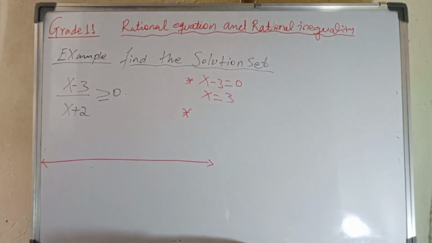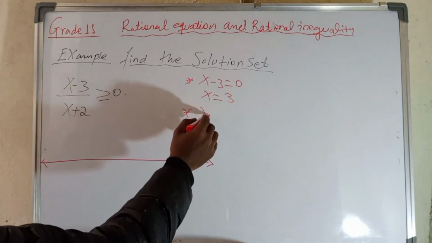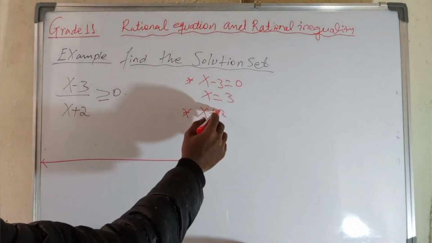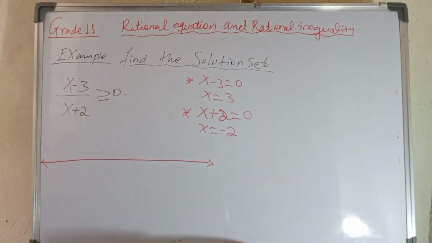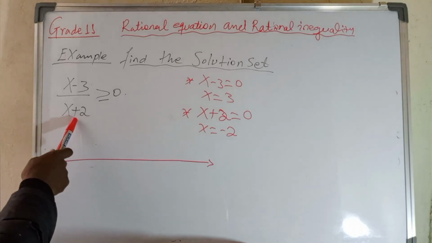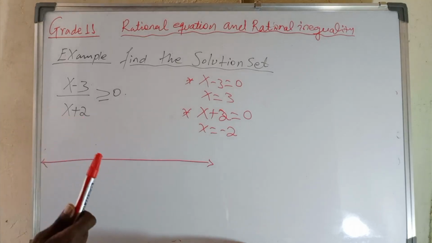And let the denominator equal 0: x plus 2 equals 0, x is equal to negative 2. Plug negative 2 into the given rational expression. The denominator makes 0. So the function is undefined when x equals negative 2, because any number cannot be divided by 0.